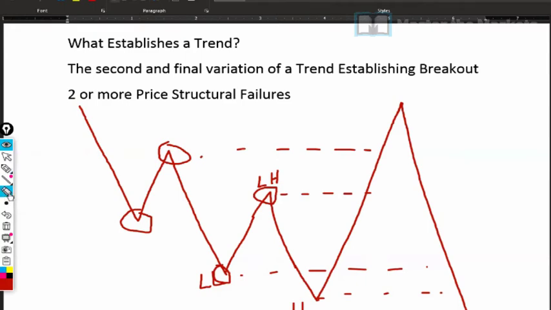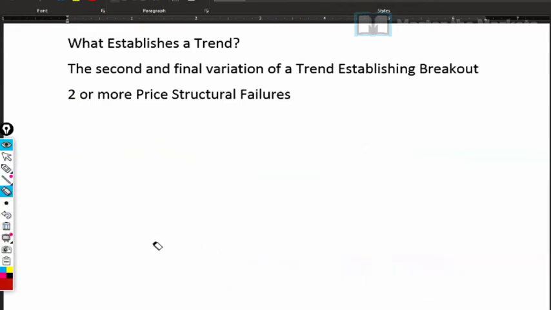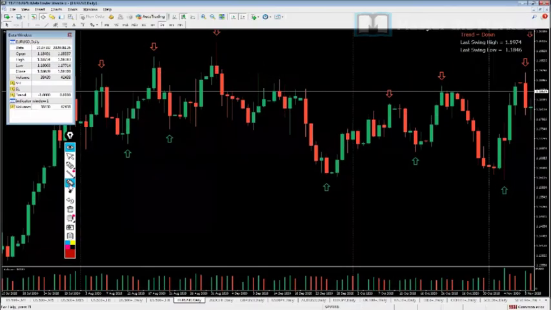So this signals that there are two price structural failures which establish the current trend. So let's take a look at how this looks in the market, shall we? So this is an excellent example of this working in the markets. We're looking at the Euro USD here from last fall.